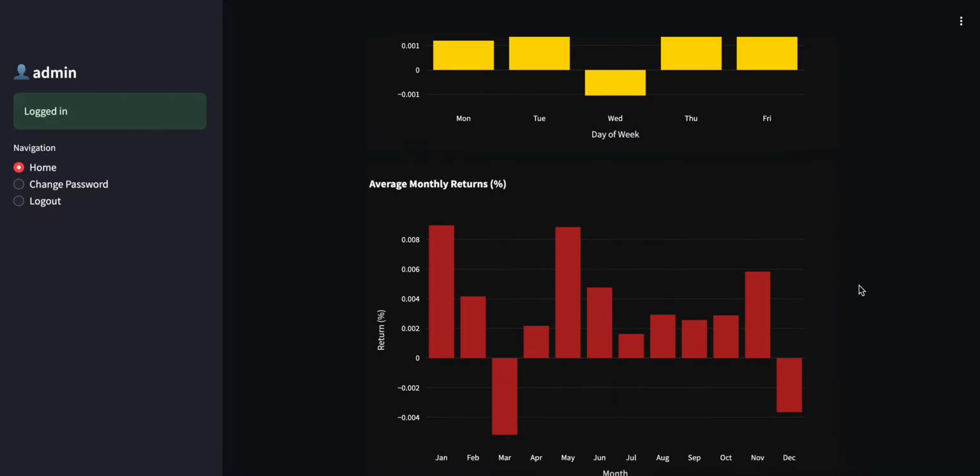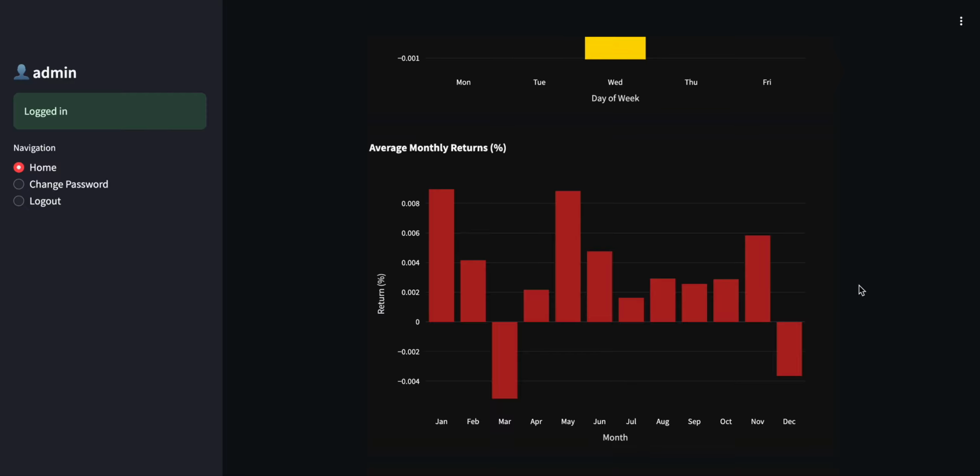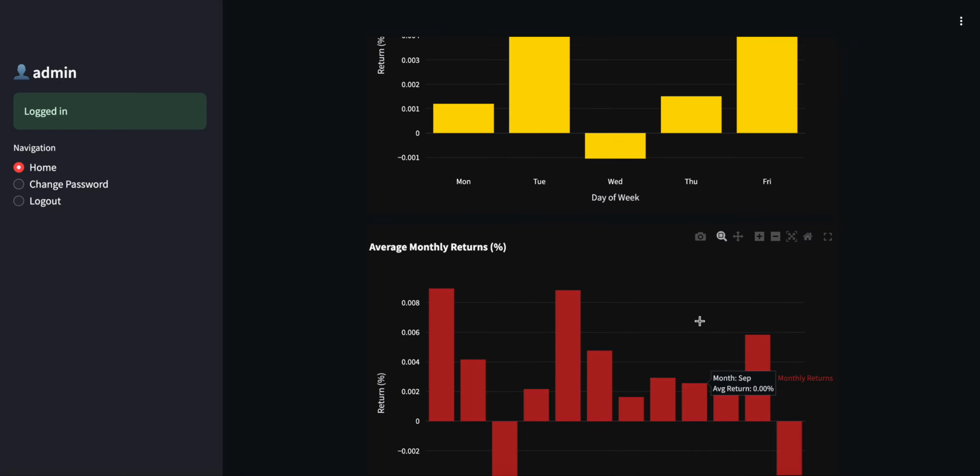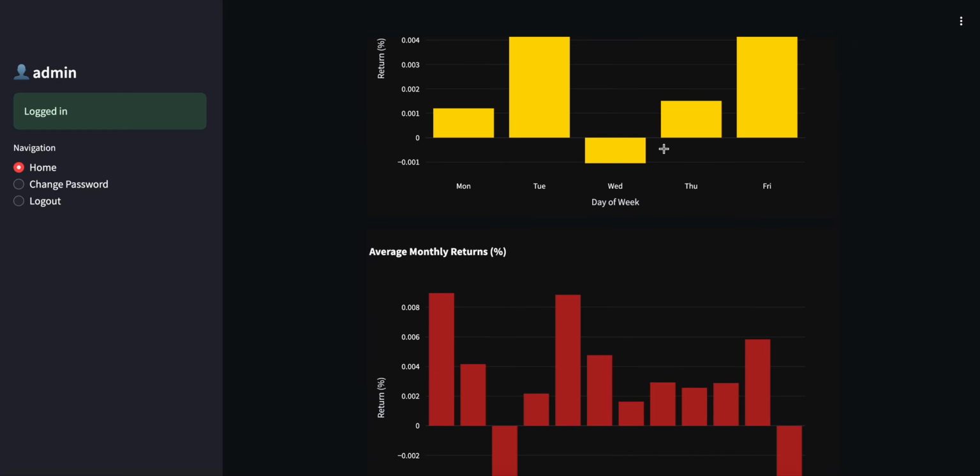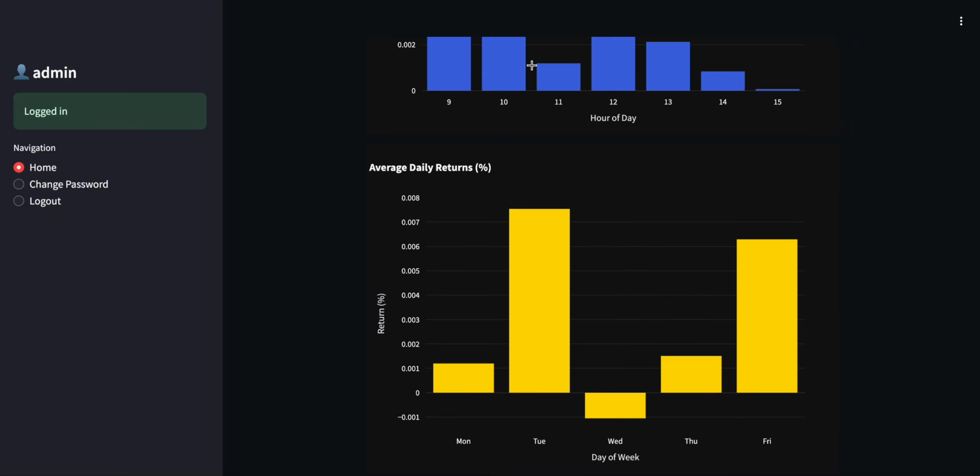Now as we go down, we will realize that this strategy will not perform in the month of March and the month of December. In any other month, if you run this strategy on Mondays, Tuesdays, Thursdays and Fridays between 9 and 2 o'clock, you will have profitable trades.